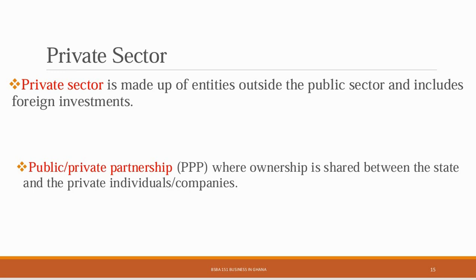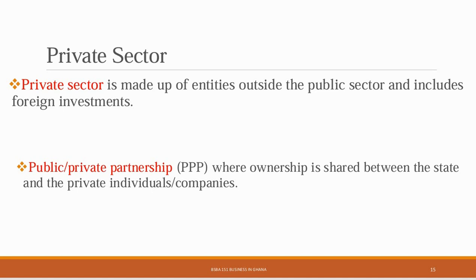Then there can be a situation whereby there will be a public private partnership. So that is when you see, let's say, a private individual is owning a business, or, let's say, the person deals with a lot of businesses, but the government might want to invest in that person's business, and that is what we classify as a public private partnership, right?